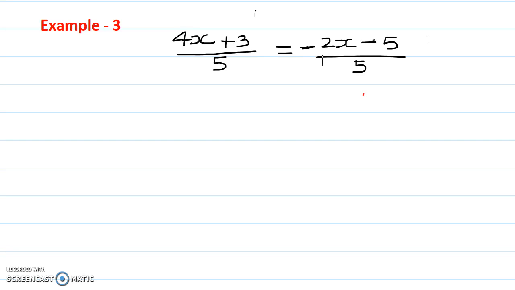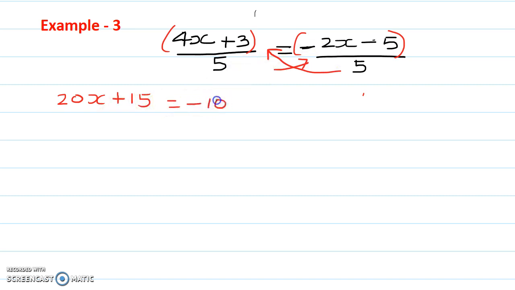Hope you have tried. Now you can check your working. So first thing, we need to put this within the bracket and times by 5 both sides. So 5 times 4 is 20x, 5 times 3 is 15, and 5 you can times that side, so it will be minus 10x and minus 25.